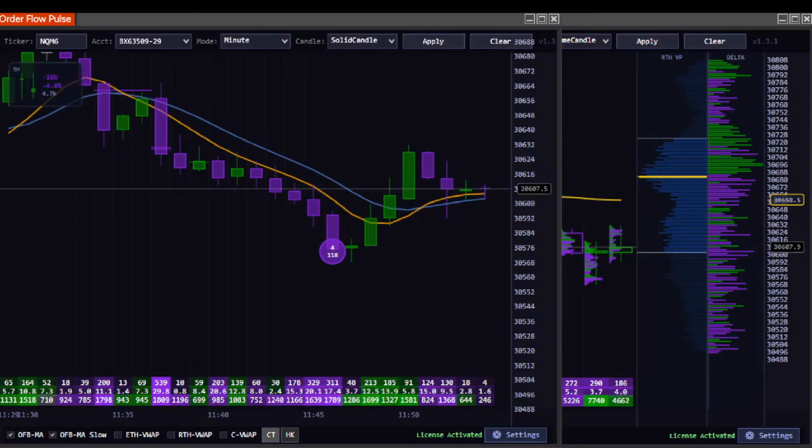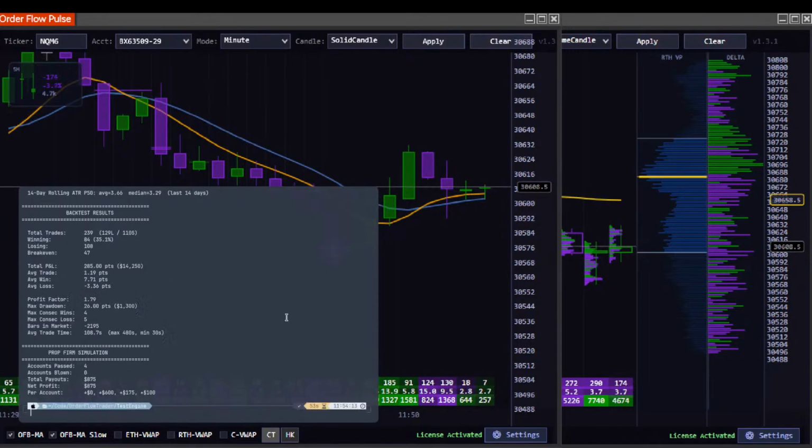Here are the results for the ES. Now the ES is a 30-second chart, tick merge to 4. Normally you don't tick merge ES, but you tick merge it to 4.